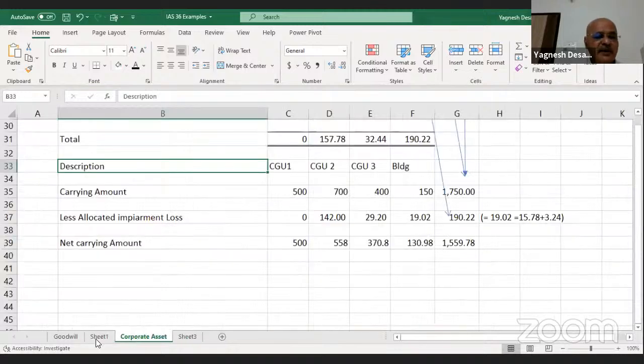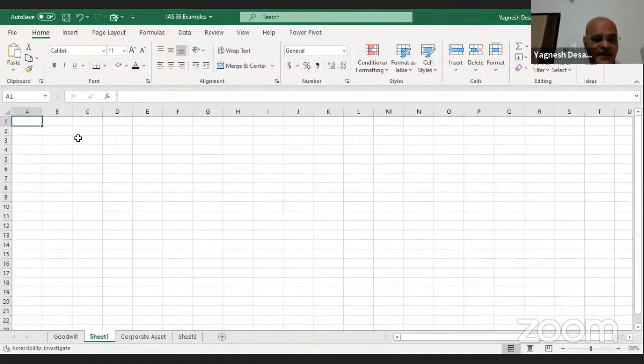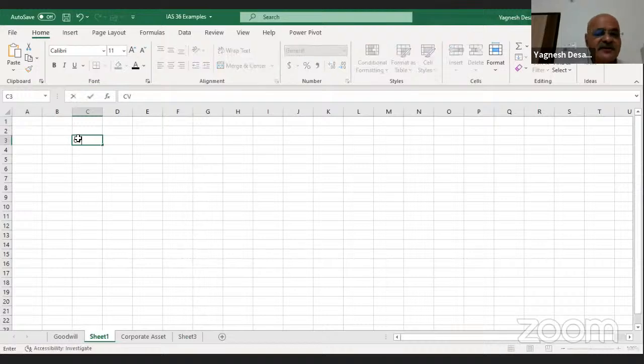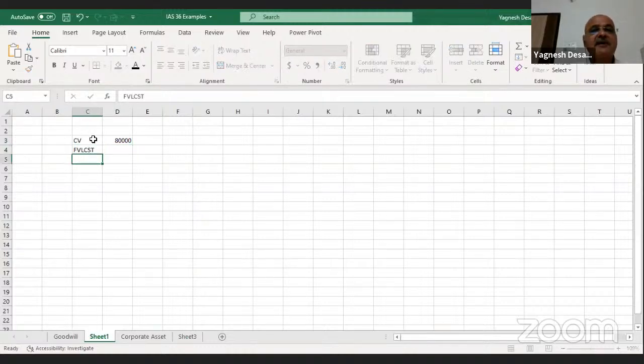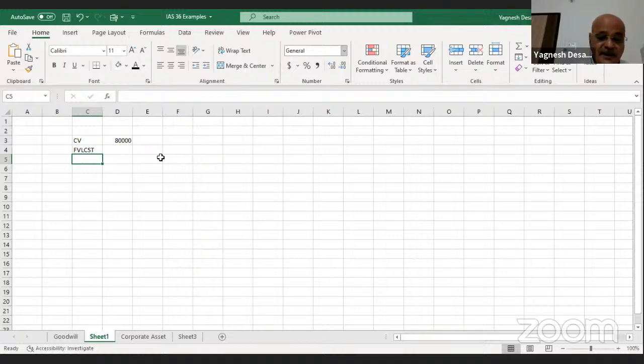We'll see later on, but for the moment, we'll say that if my carrying value is 80,000, if my fair value less cost to sell is say 85,000, can you see the Excel sheet on the screen? Yes, sir. Okay, fine. And my value in use is 90,000.